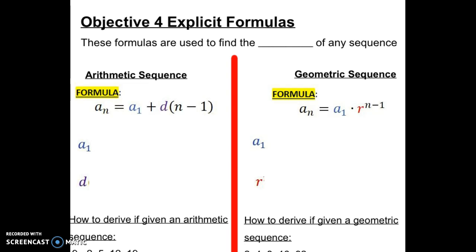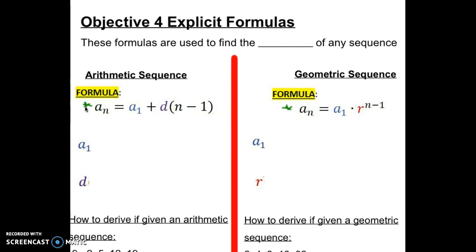Ratio is multiplying. As you can see, two things should jump out at you right away for the given arithmetic sequence explicit formula right here, and then geometric right here. The arithmetic conveniently has a D in purple, and the geometric has an R in red, meaning D for difference for arithmetic, R for ratio, geometric.